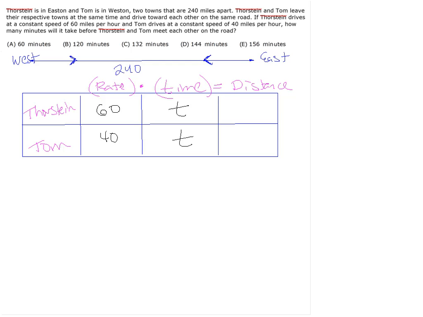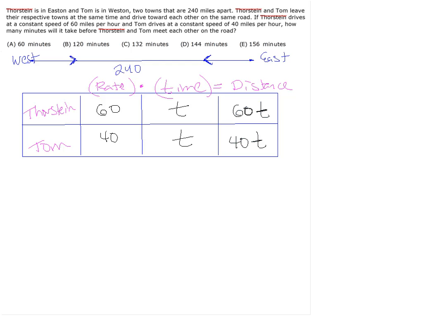At this point, a lot of the hard work is already done, because we know that rate times time is equal to distance. So Thorstein's distance traveled is 60 times t, and Tom's distance traveled is 40 times t, just algebraically speaking.